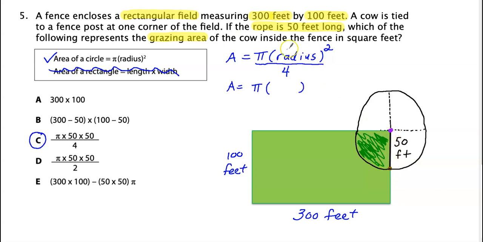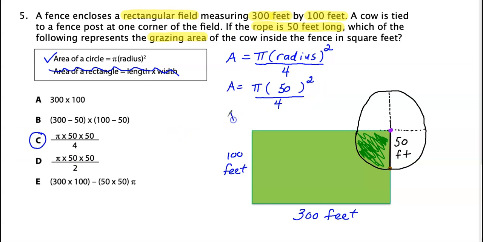So I'll replace the radius with 50. Bring down my squared divided by 4. Well, hopefully you can see this has to match up with C now, but let's just get it in the exact same form as C.